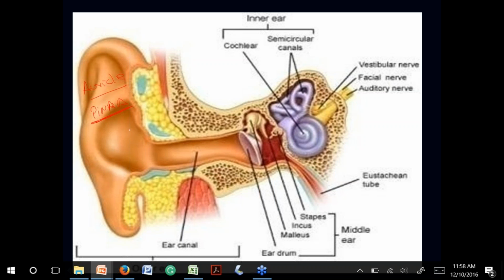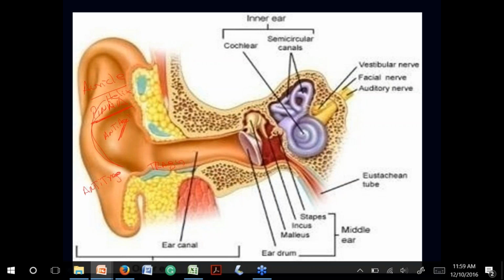We have here the helix. Here is going to be the antihelix. Here, it's not seen, but the tip on the front is going to be the tragus, and the small tip here is going to be the antitragus. There are more parts, but that's the only thing we need to remember.